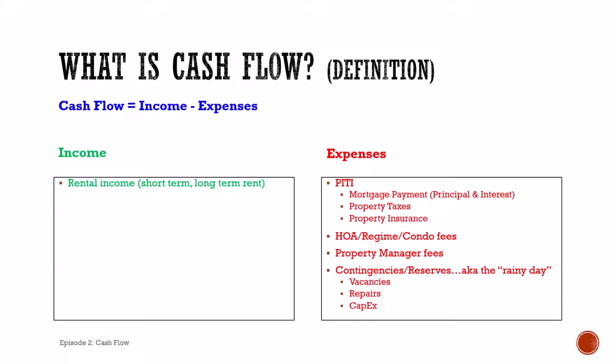Capital expenditures. These are your big ticket items, like replacing a roof, replacing the HVAC unit, or maybe a water heater. These are items that are going to cost you a lot of money, more so than your typical day-to-day repairs. So you have to take into account all of these reserves, in addition to all the other expenses, for your cash flow calculation.